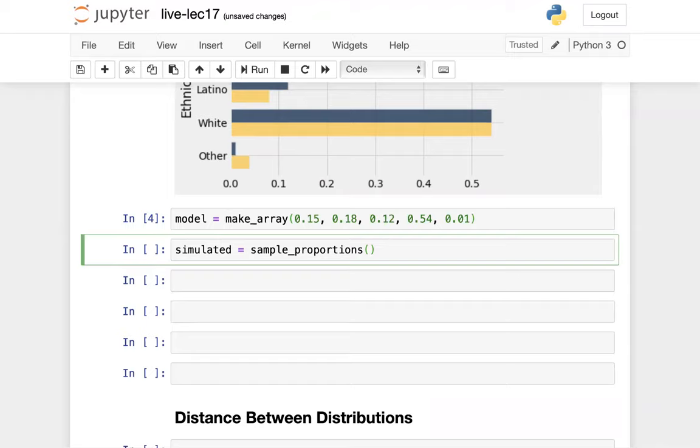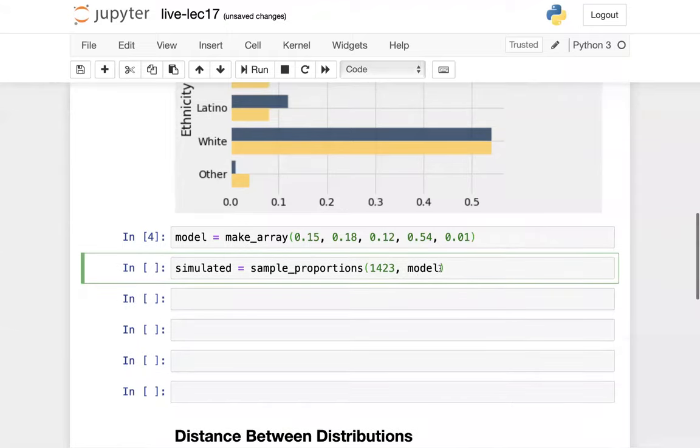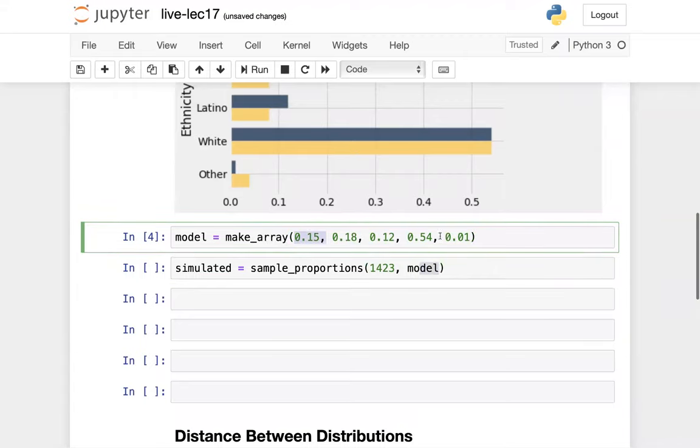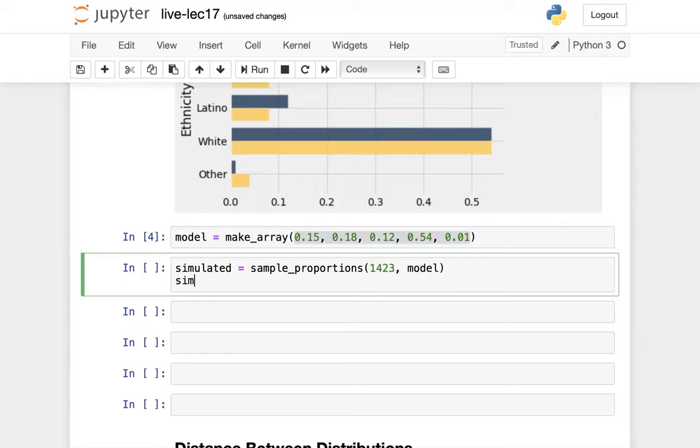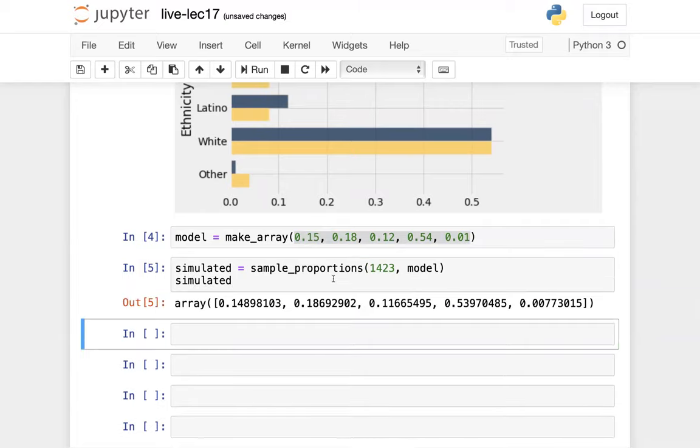In this case, this was a panel of 1,423 jurors, and we'll simulate from the model. The model is, again, the eligible population distribution. So we'll simulate it one time and then take a look at the results.